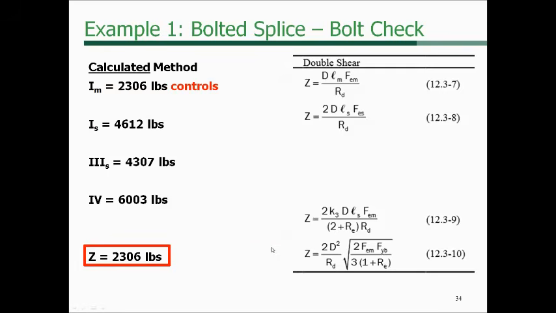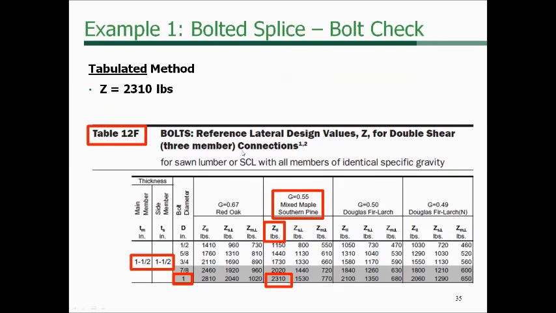I think that might be the next slide. So if you don't want to run through the calculations, the variables that you have end up showing up in a table. For us, it's 0.55 for southern pine. We've got a parallel to grain load configuration, 1.5 inch to 1.5 inch main and side members, a 1 inch bolt diameter down here.